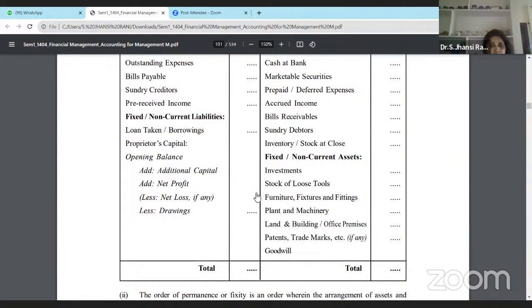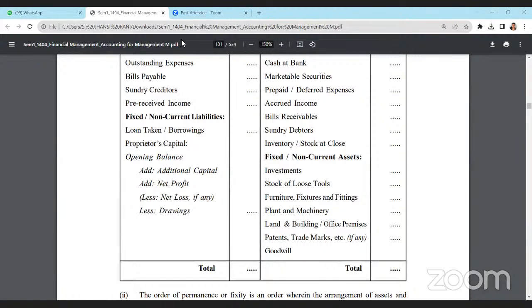So like this, it goes on. So these are fixed assets.